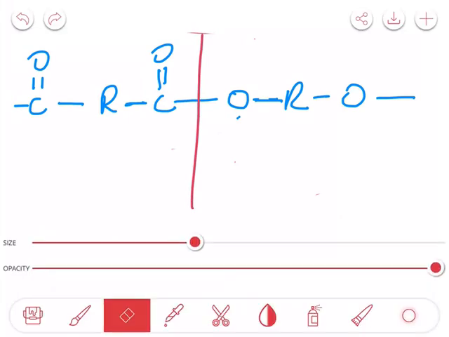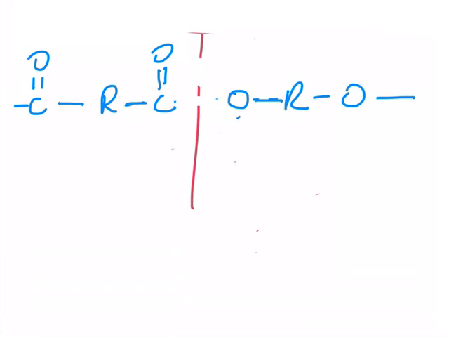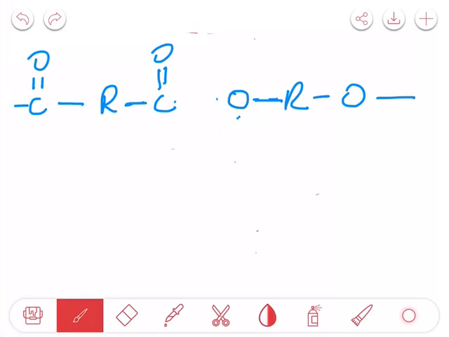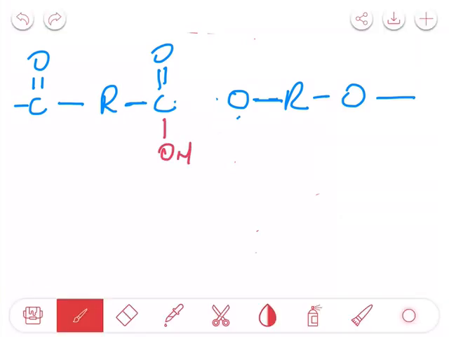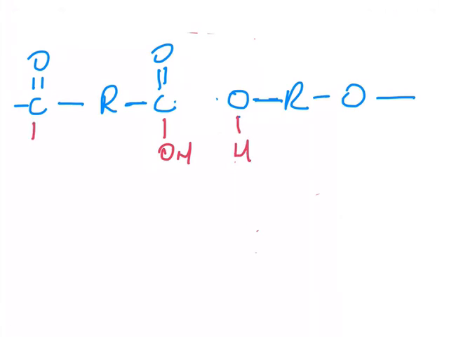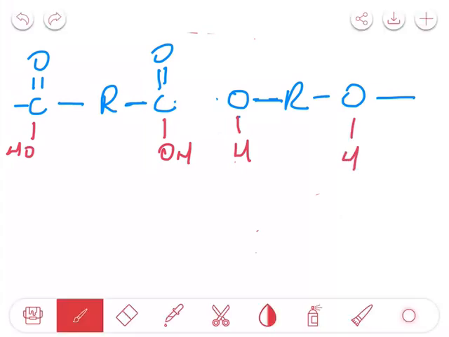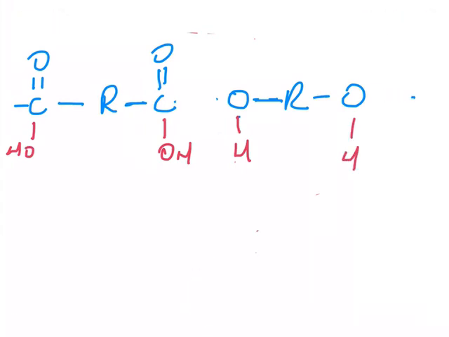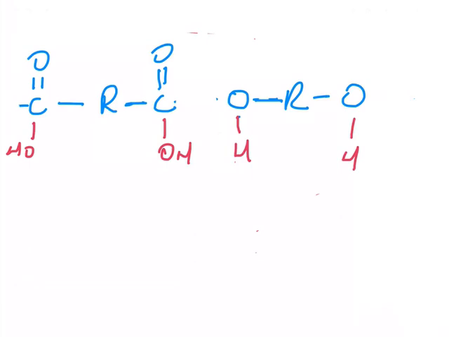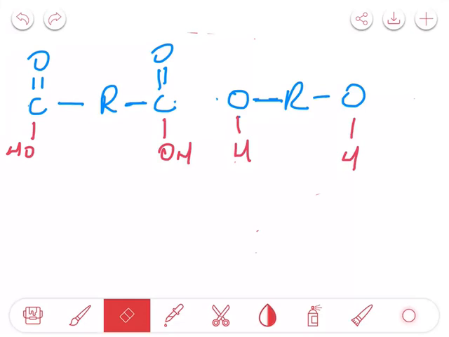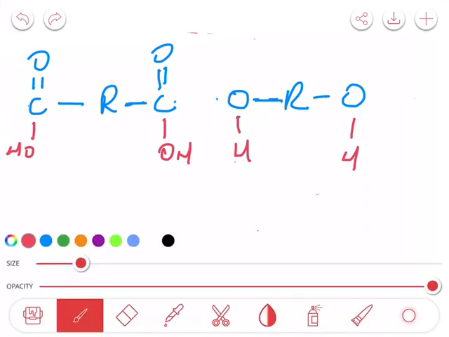Once we cut it at that point there, we remove that bond. Remember that we are putting water back in, so let's put the water back in. I'll put them in red. So the OH goes back on there to give us the carboxylic acid. The hydrogen goes back on here, and I'd have the same at this end over here as well. Okay, so there's the alcohol and the dicarboxylic acid being made as we put the water back in.